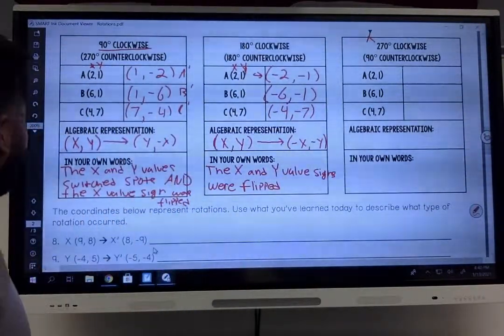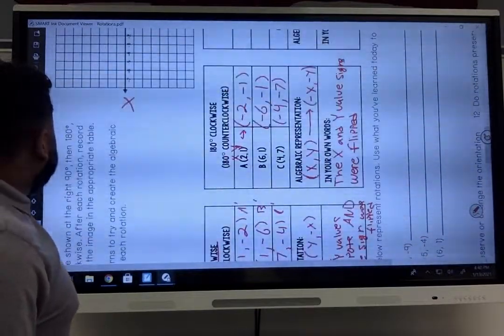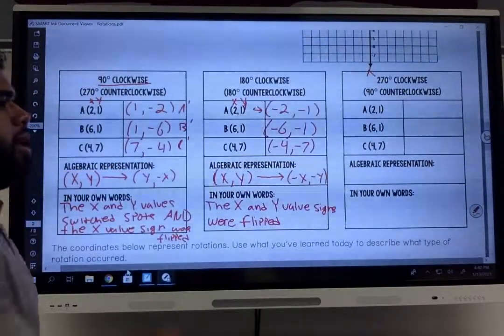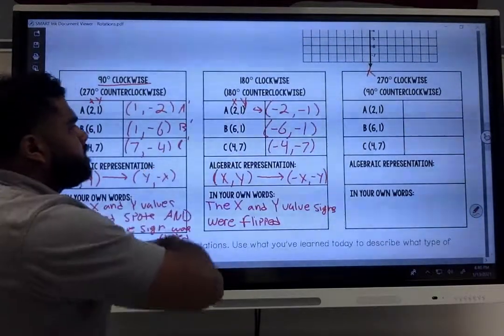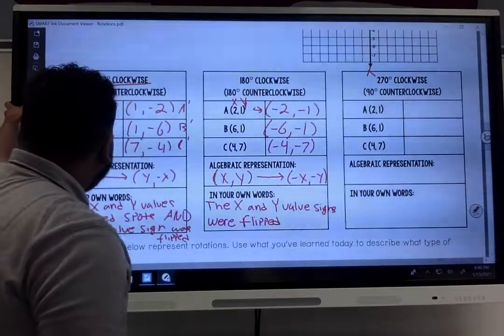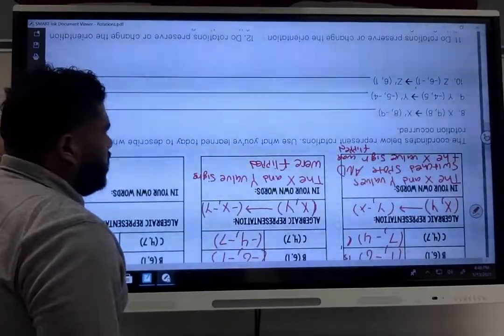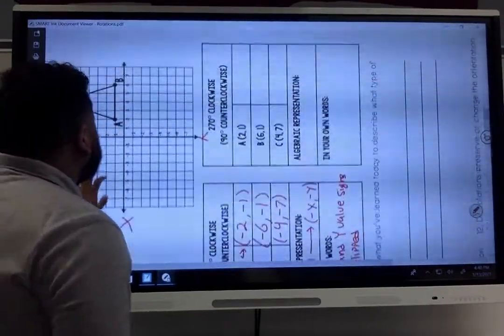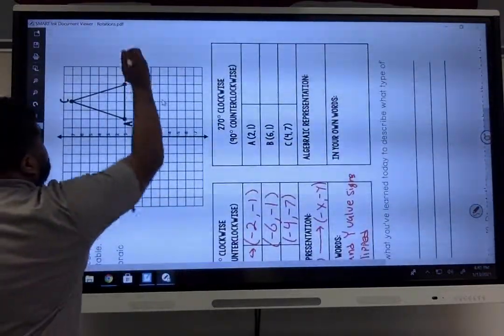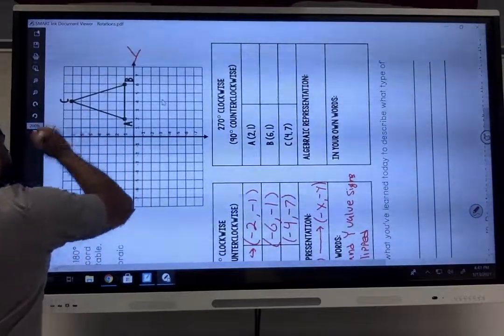All right, so let's go back. Okay, so now we're looking for 270 degrees clockwise. So that means if 180 is 2 rotations, 270 would be another one, which would be 3. 1, 2, and 3. Okay, so now let's look. Well, look, our x and y axes are now flipped. We have a new y-axis right here and an x one right here.